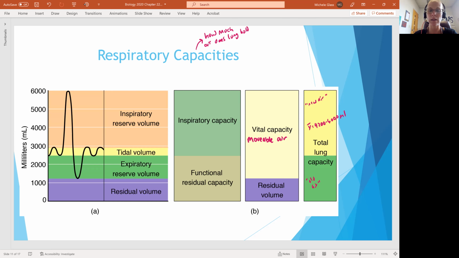So we can think about this as our tidal volume, plus our inspiratory reserve volume, plus our expiratory reserve volume. So vital capacity is all that you can inhale and all that you can exhale, both during quiet and forced breathing. Now this one has sort of a range of, I think, 4,000 to 5,000 milliliters.